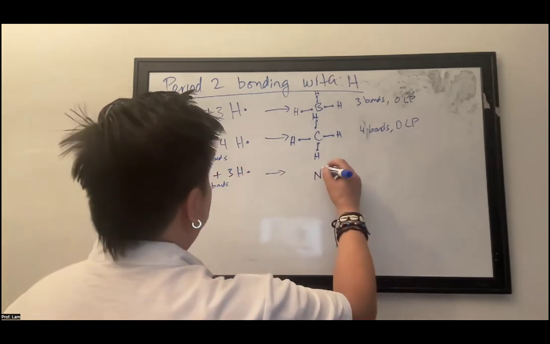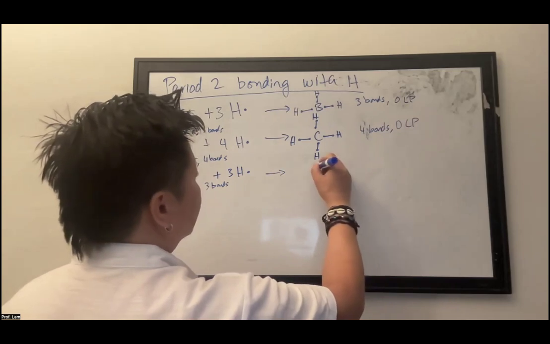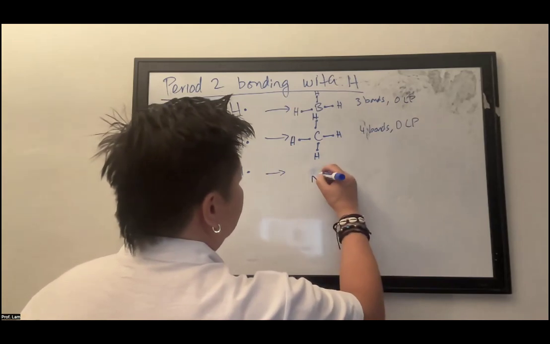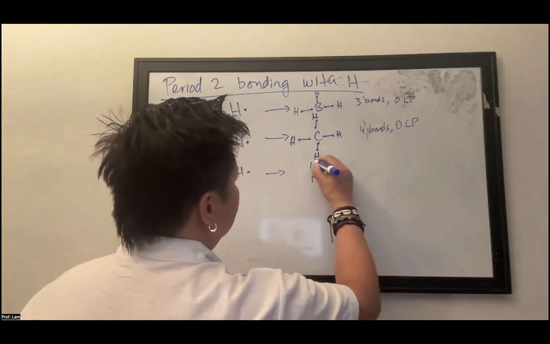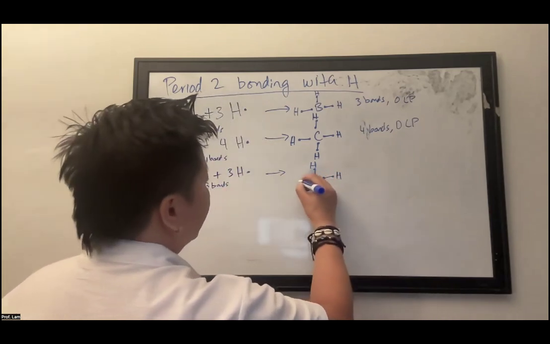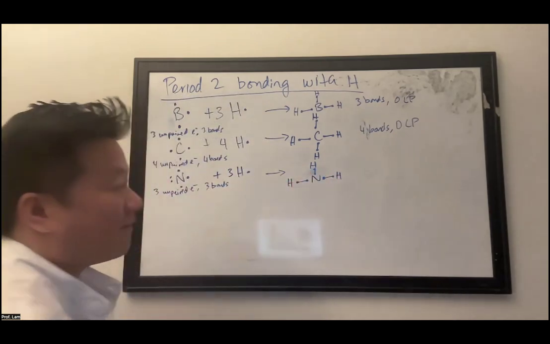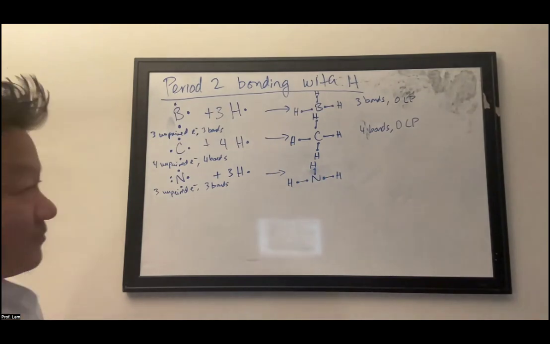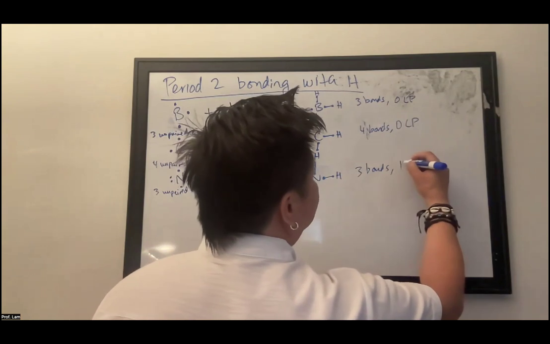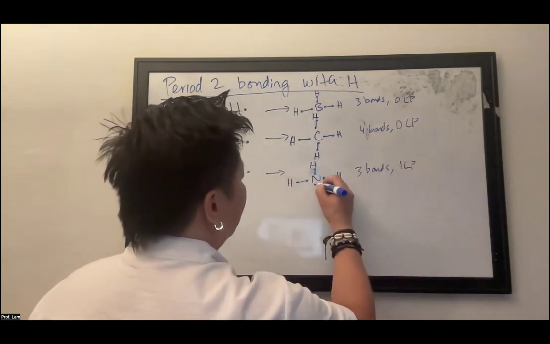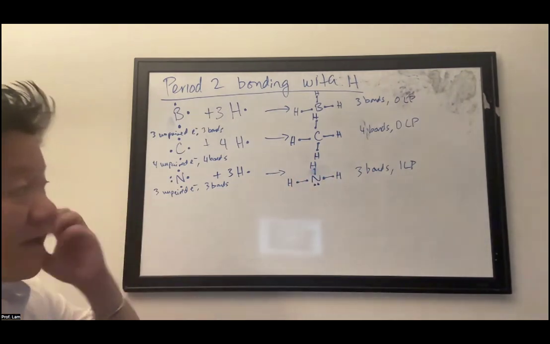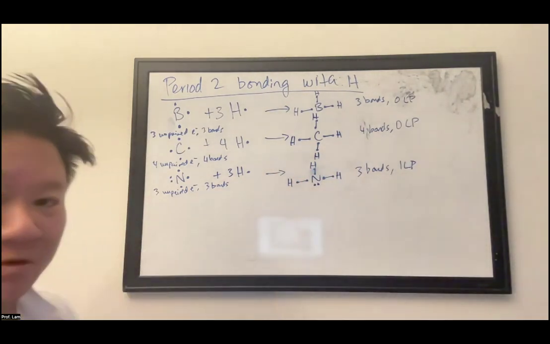So that's going to be NH3, right? And there's a lone pair left over on the nitrogen. So NH3 has 3 bonds and 1 lone pair.